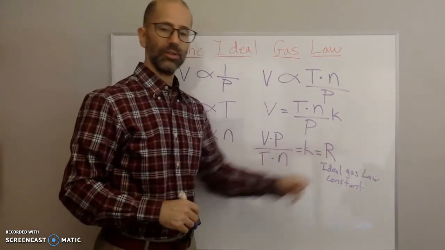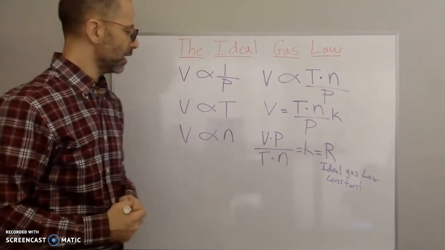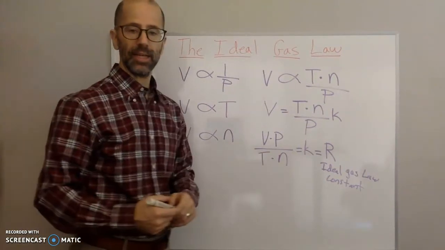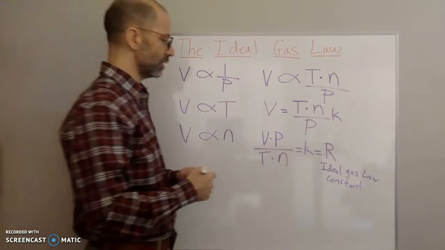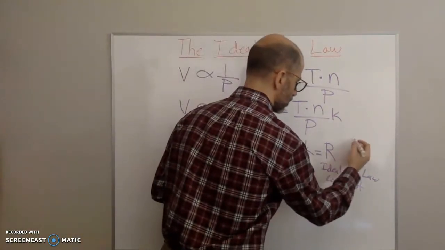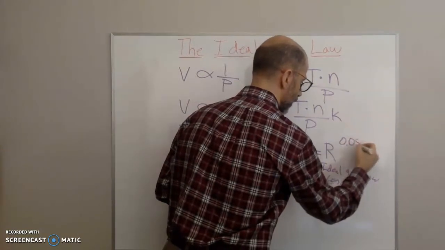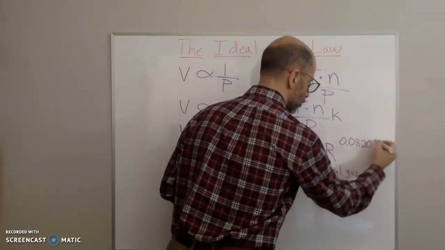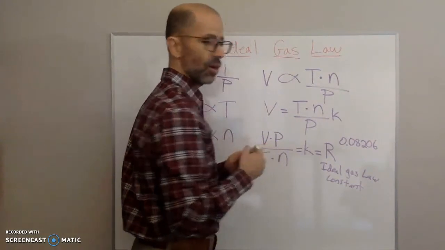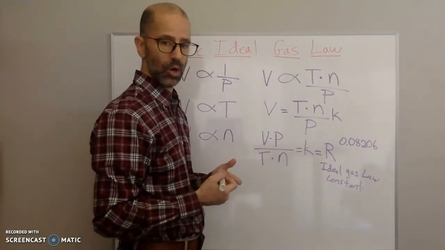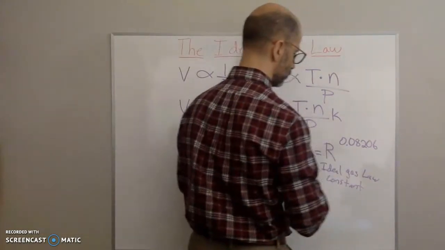So this is the ideal gas law constant R, and R has a special number. It's a calculation. The number is 0.08206, and there are particular units that go with this R value.